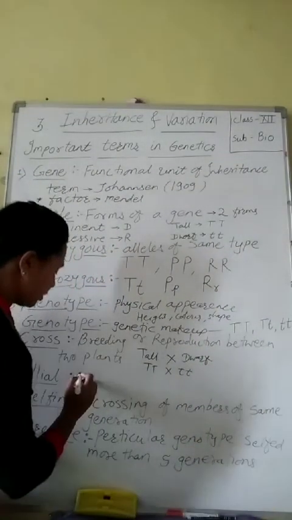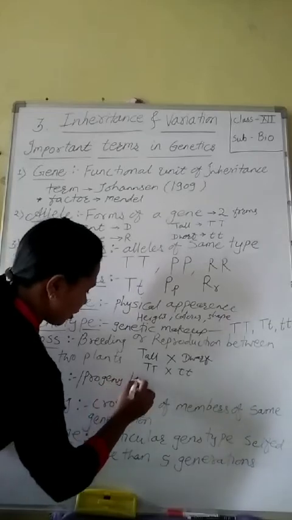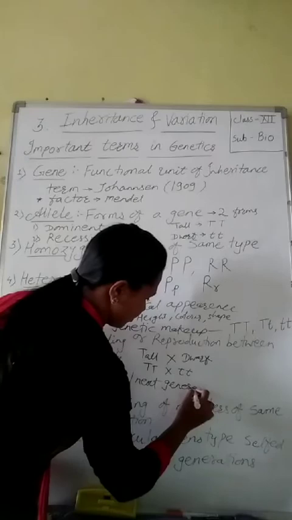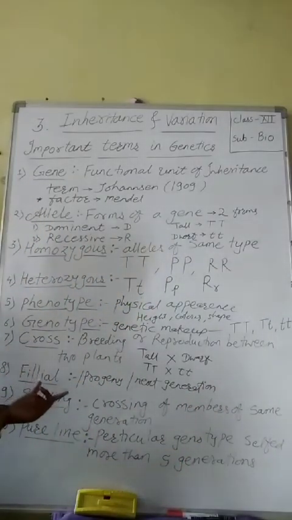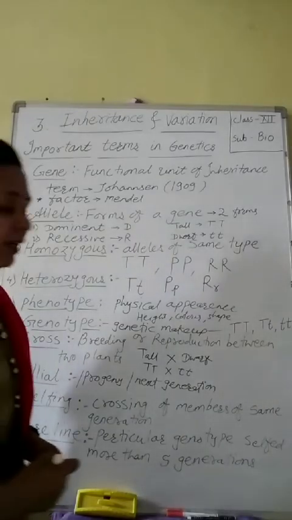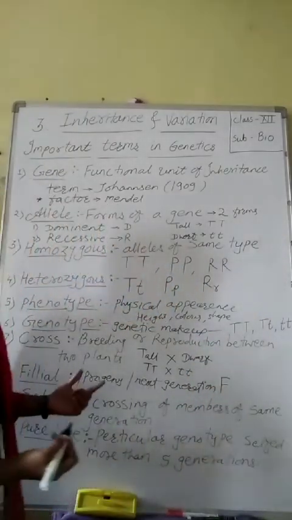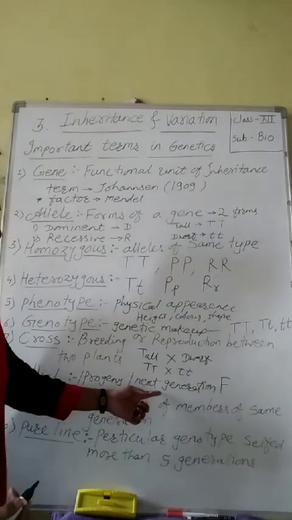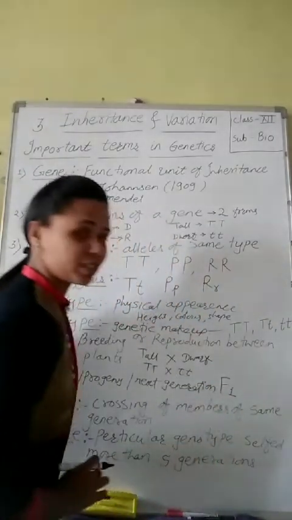We will use the word progeny or next generation. Okay, means filial, and it is denoted by capital F. Suppose parents have crossed, then whatever product was formed is called F1, means first generation.